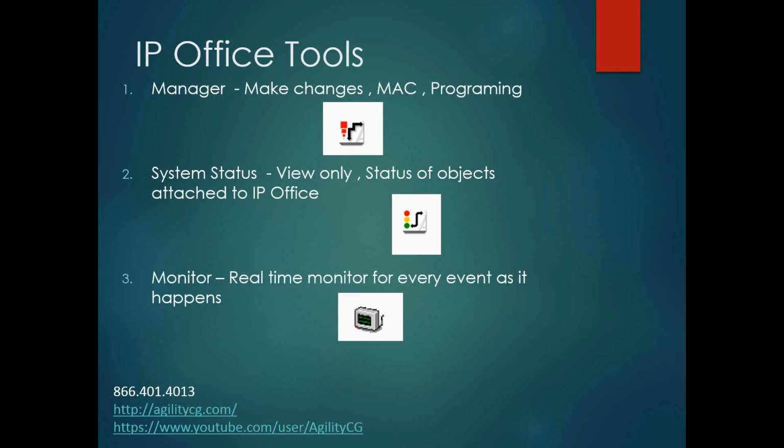So System Status is a good tool to see what is actually active, what's not active, extensions that are logged in, also any hardware that's installed on the system. If you ever submit a request for an upgrade, we'll often pull up System Status to take an inventory of what you currently have and what changes we may need to make to get you upgraded to newer releases. And then also Monitor.